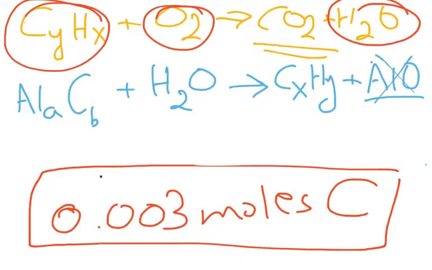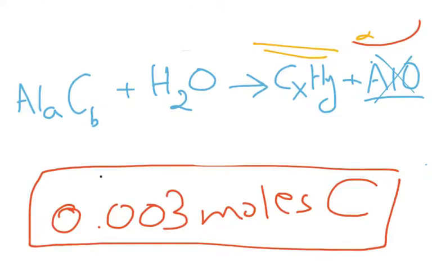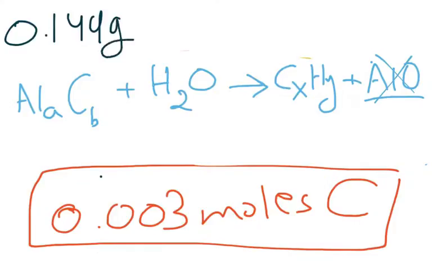It's not that we cross it out, we just don't care about it at the moment. What we do know about this second reaction is the following. 0.144 grams of this compound are reacting.